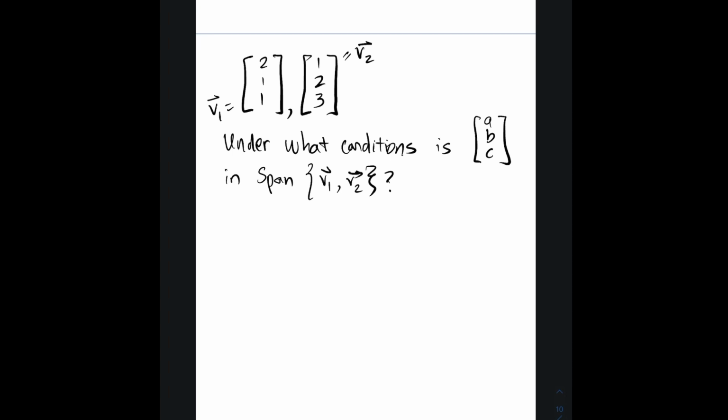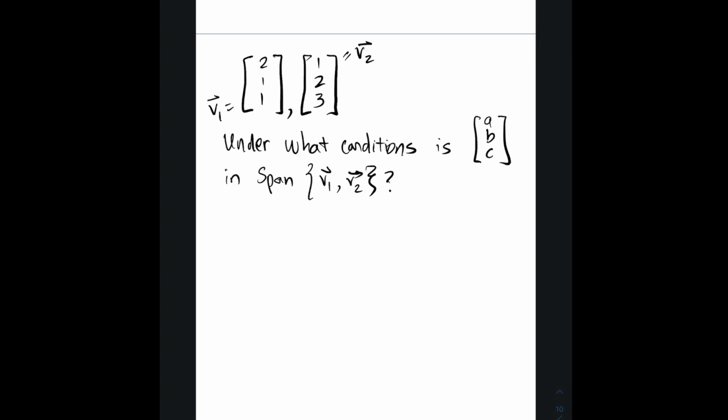For example, if you do V1 plus V2, you get 3, 3, 4. Right? That's in the span. Or you could do 2V1 plus V2, and then you're going to get 5, 4, 5. That's also in the span. And so the question is, what do A and B and C have to do in order to be in the span?